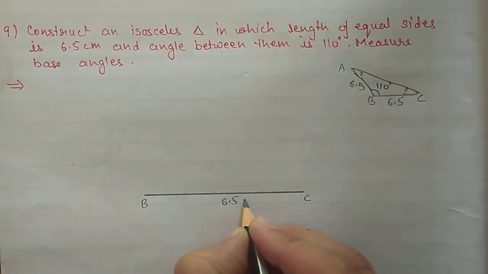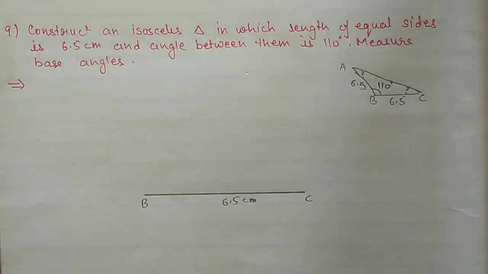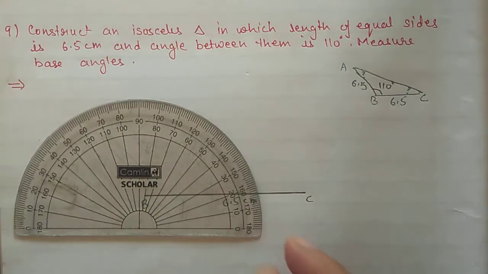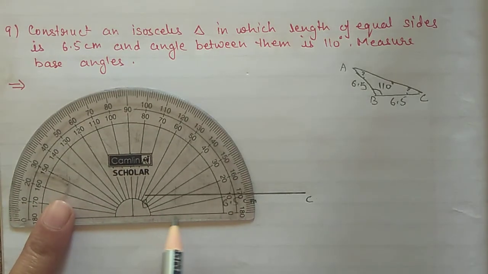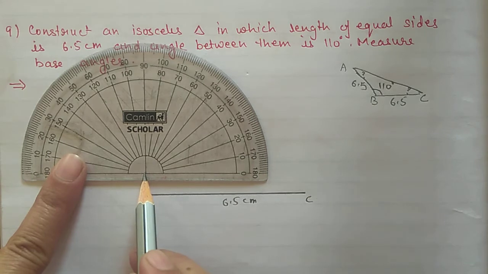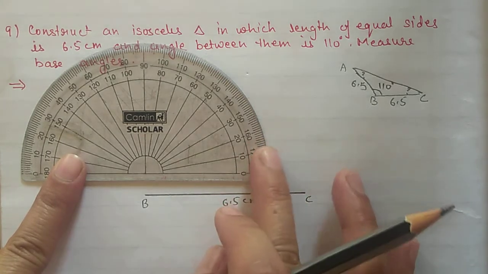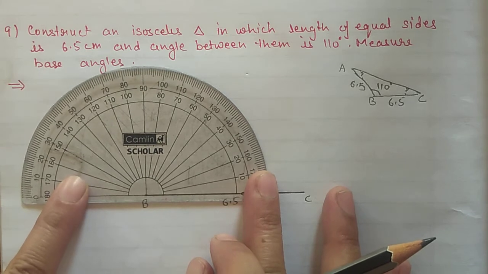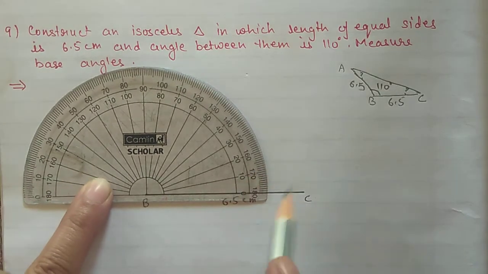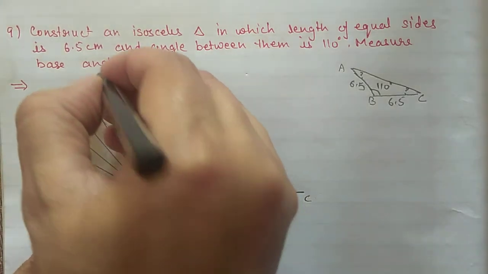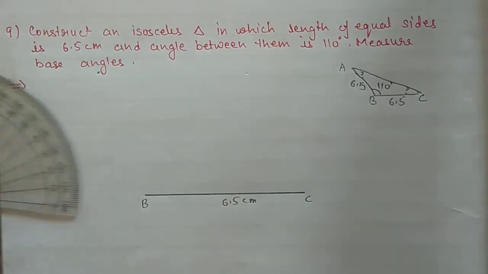And 110 we have to construct. 110 we cannot construct with the help of a compass, so we will use a protractor. Keep your protractor so the baseline matches this line, and the starting point is at this cross. Now we'll measure the angle. Start from this side: 0, 10, 20, up to 80, 90 and 110. So here 110 will come.